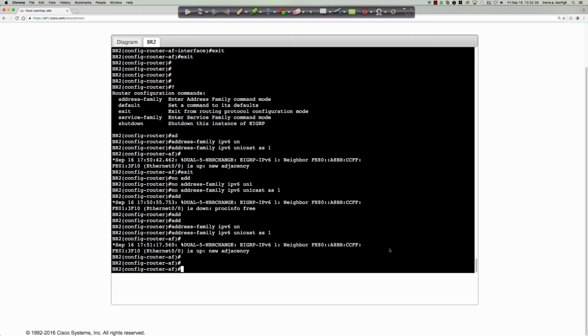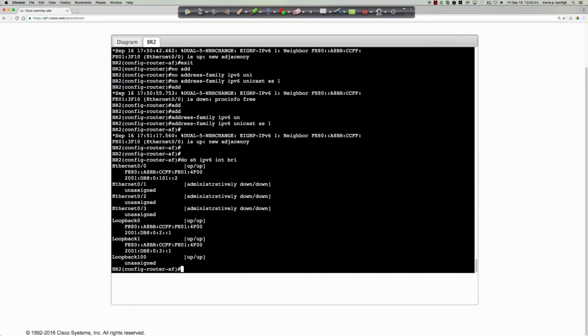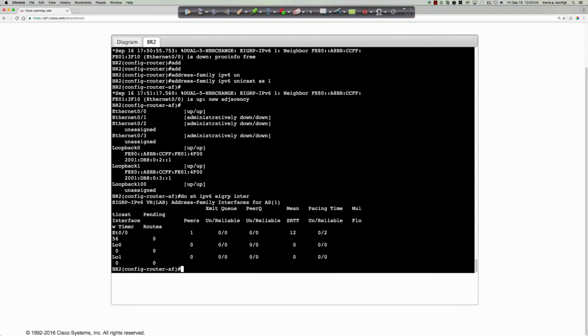In other words, as soon as I hit enter after address family IPv6 unicast AS1, every single interface that was running IPv6 is now running EIGRP. So do show IPv6 interface brief. And we have three interfaces. So do show IPv6 EIGRP interfaces. Take a look at that.